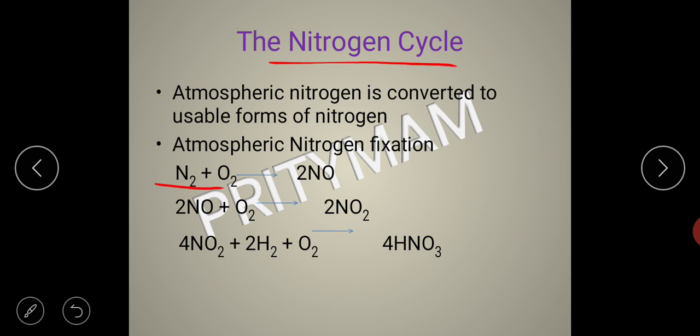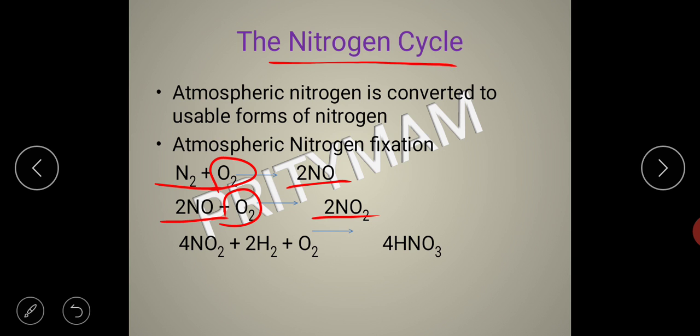The nitrogen which is present in the atmosphere, due to lightning, reacts with the oxygen and forms oxide. This nitrogen oxide reacts with the oxygen which is again present in the atmosphere and converts into nitrogen dioxide.